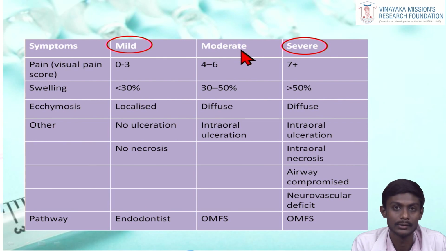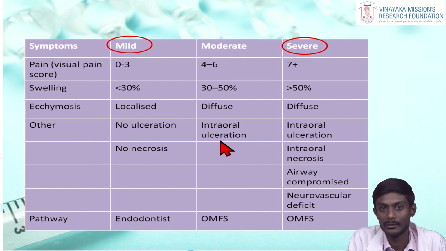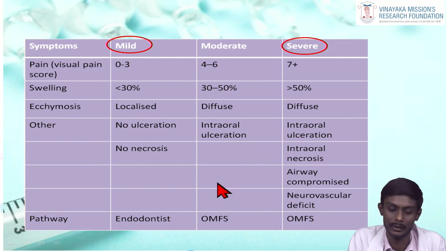In moderate cases, the pain scale ranges from 4 to 6, with distress pain symptoms, and the swelling ranges from 30 to 50% of the face. Diffuse ecchymosis is seen in the intraoral region, along with intraoral ulcerations. In such a moderate sodium hypochlorite accident, we definitely need an opinion from oral and maxillofacial surgeons and other specialties.